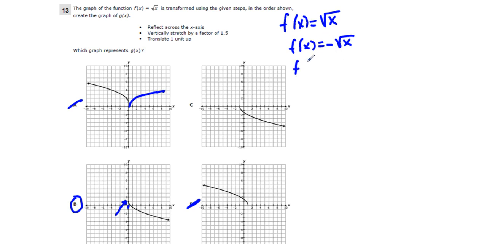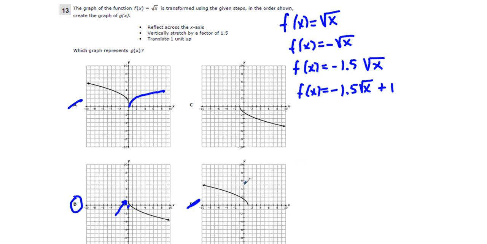So here's the vertical stretch by a factor of 1.5, say negative 1.5 square root of x. And finally, to translate 1 unit up, we're going to have f of x equals negative 1.5 square root of x, and then just add 1 over here.